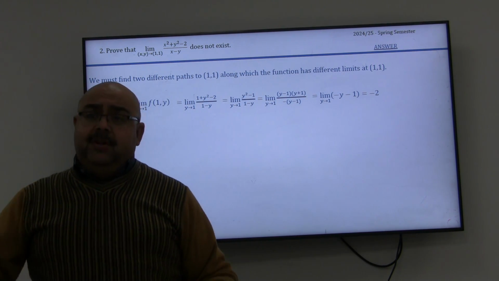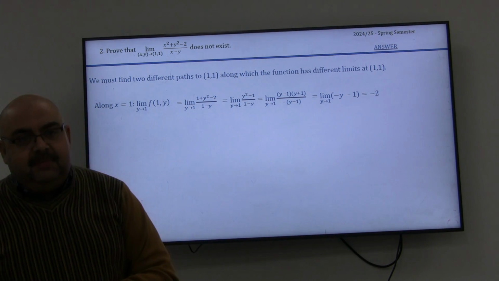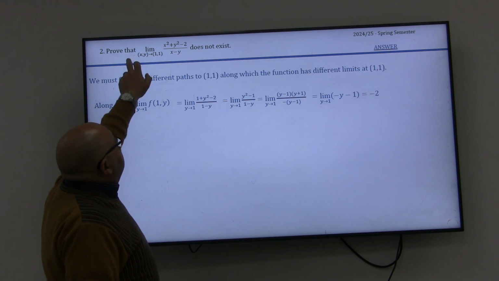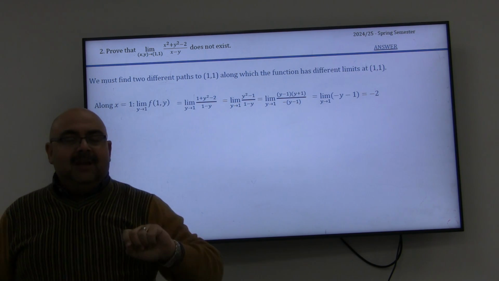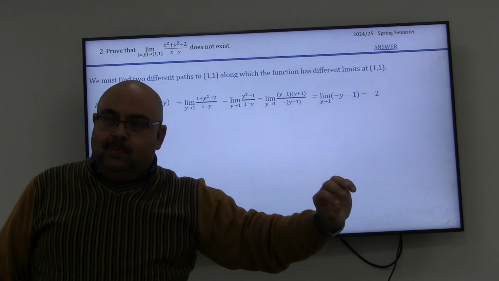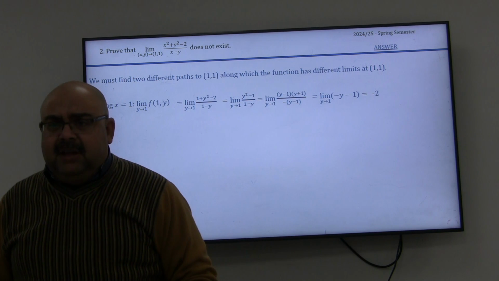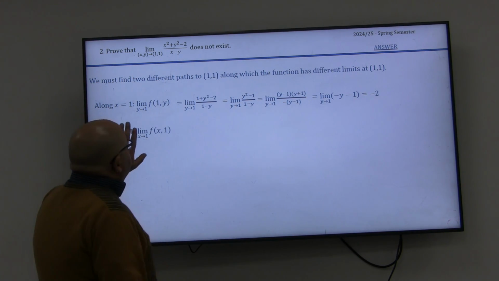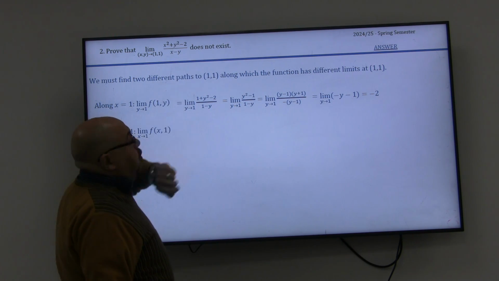I will need to use another path. So it's really very tempting to use this time y equal to 1, which is a horizontal line at y equal to positive 1. I will do exactly the same steps, just making a substitution, but in this case I will replace every y by 1.